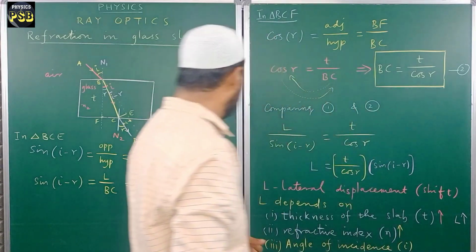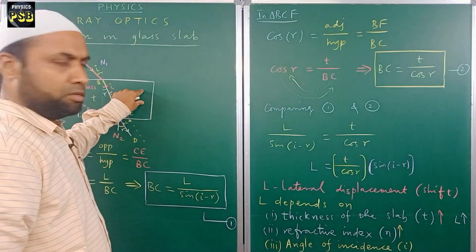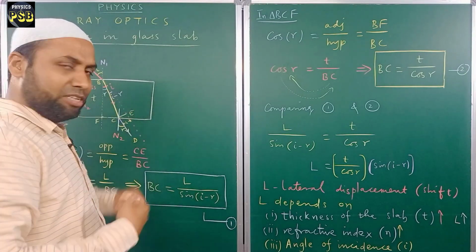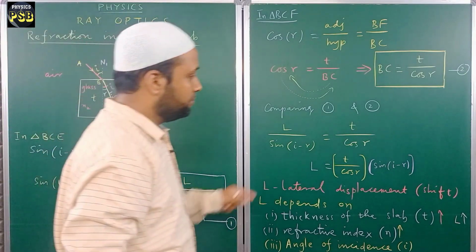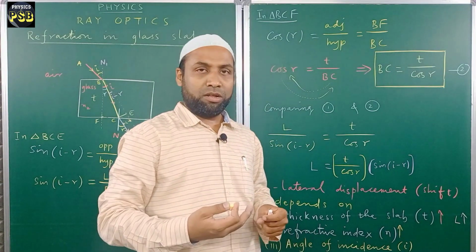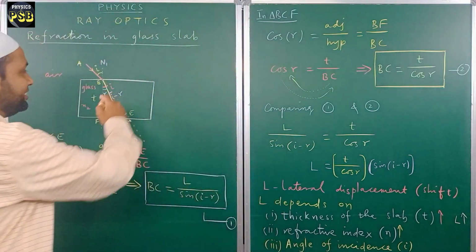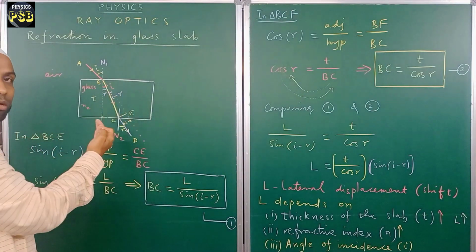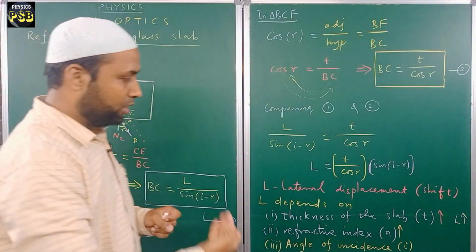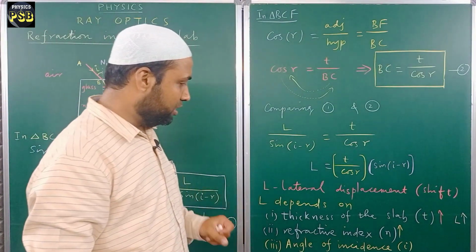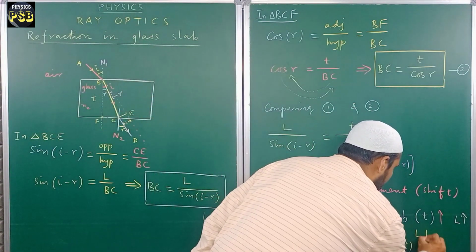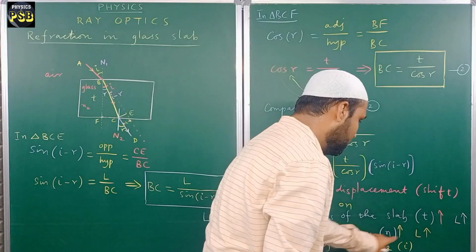When the refractive index of the medium of the slab is increased, the light will deviate more. So when the refraction increases, it automatically results in an increase of L value. With the increase in N value, L value will increase.